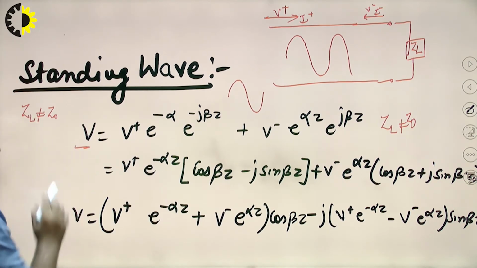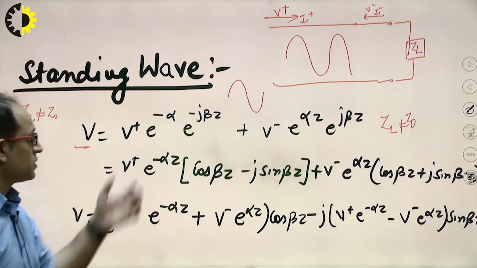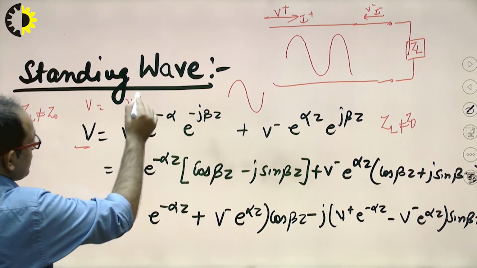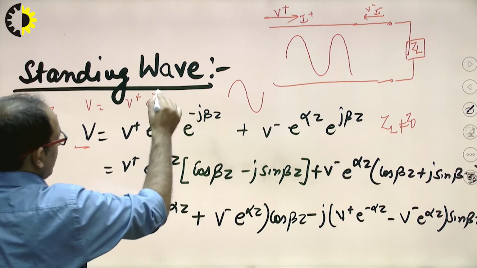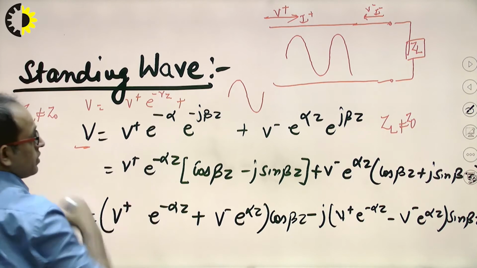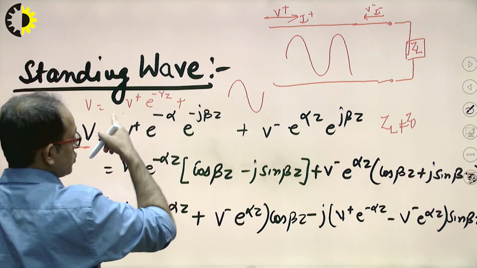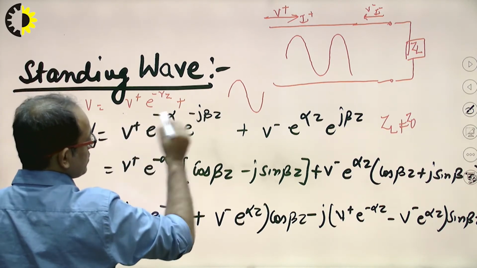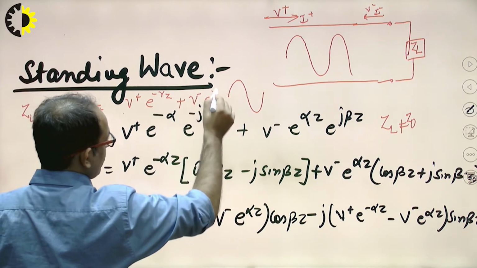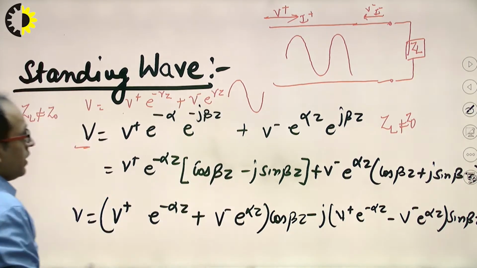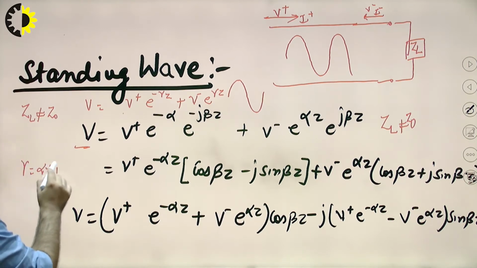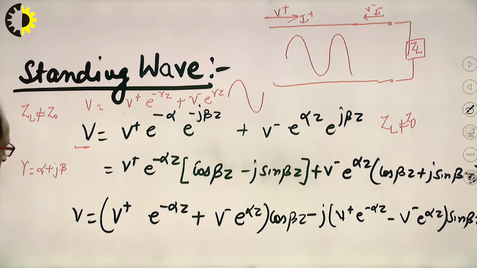Now see, this is the equation V equal to V plus e power minus gamma z, the incident wave, plus the reflected wave V minus e power gamma z, where gamma is equal to alpha plus j beta.